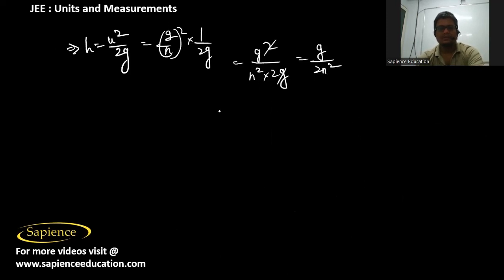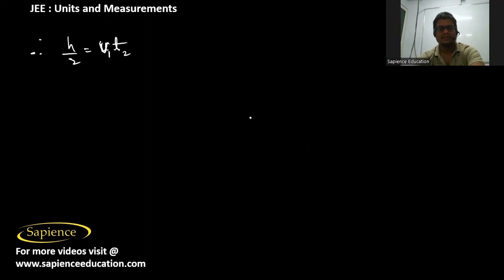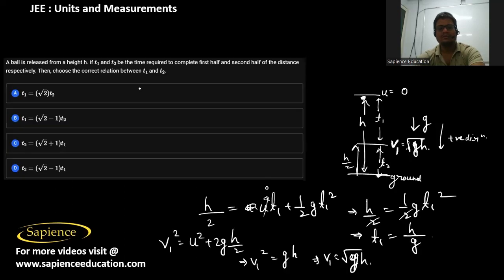So it is ut plus half g t2 square. Then h by 2 will be equal to v1, which is root gh, into t2 plus half g t2 square.